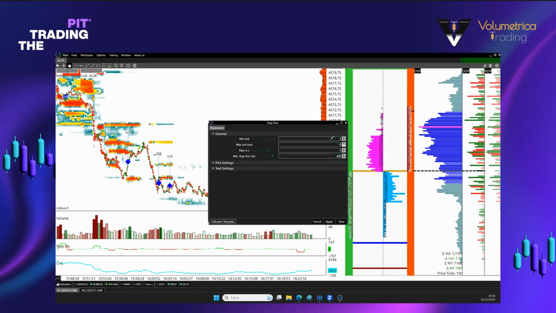It's unlikely that stop runs let it move more than 5, 7 ticks. That's really, really unlikely. So 5 ticks is a good balance between an aggressive setting and a conservative setting for the stop run indicator.